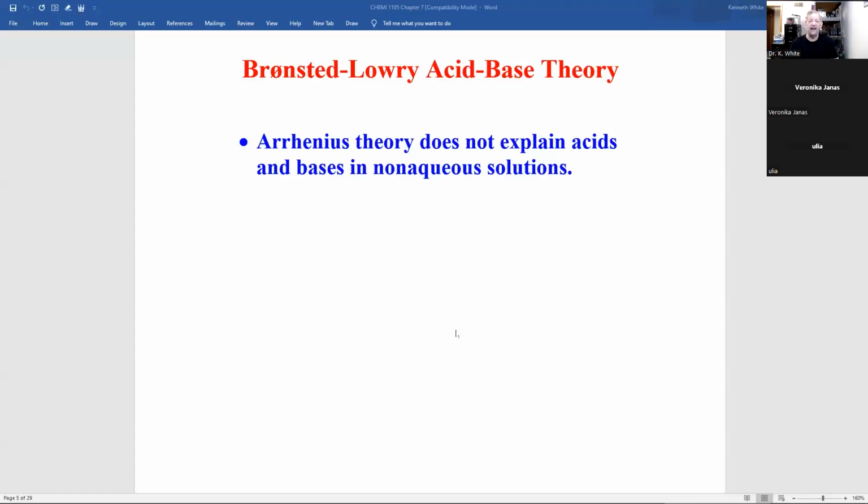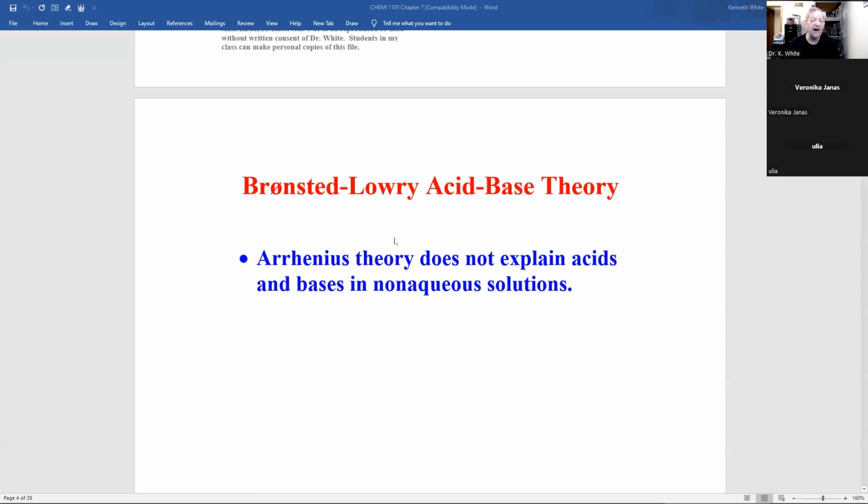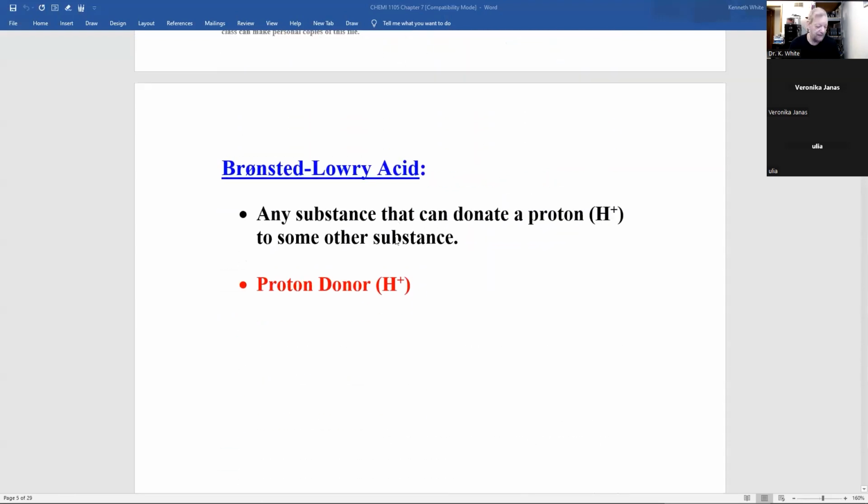All right, yesterday I was talking about acids and bases. I talked about the Brønsted-Lowry theory, and I better get subtle again. Whoops, clicked on the wrong thing with my stylus. Sorry about that.